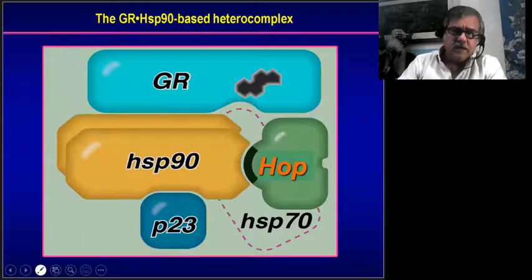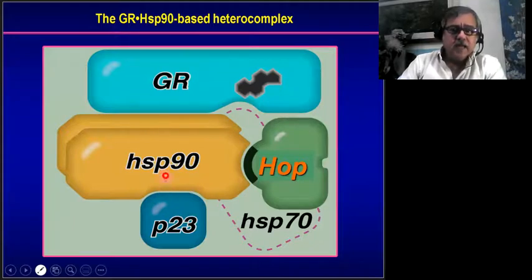Soluble GR exists as an oligomeric complex of chaperones that are required for GR to bind the steroid, such that new GR does not bind hormone and is targeted to proteasomal degradation.